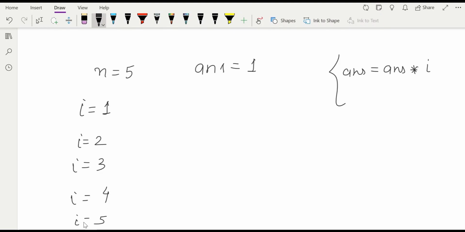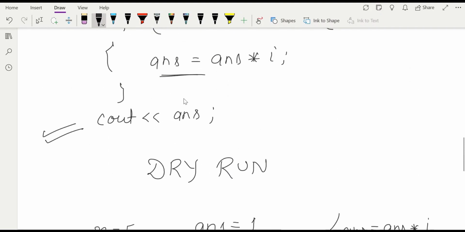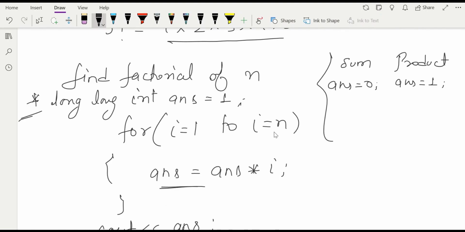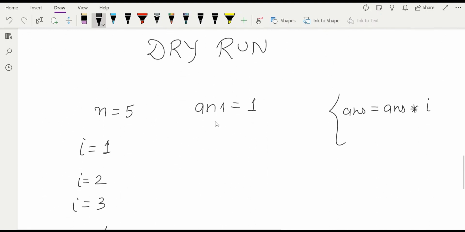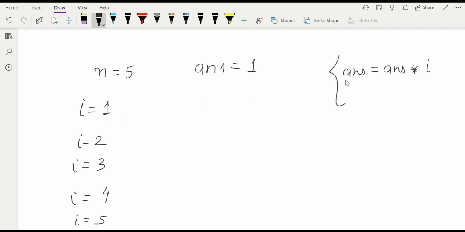We are traversing from i is equal to 1 to i is equal to n, both included. So for i is equal to 1, we do answer is equal to answer into i. The initial value of answer is 1 and the i value is also 1, so 1 into 1, the answer will be 1.